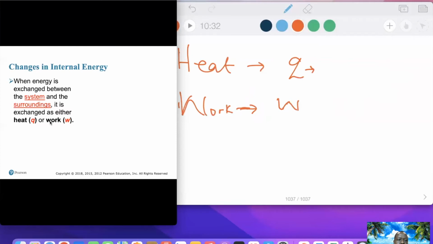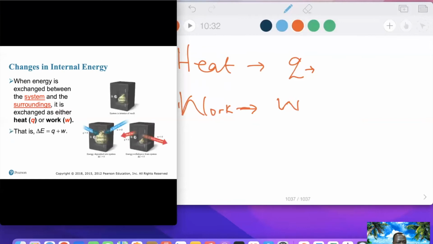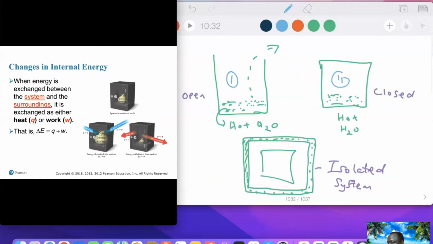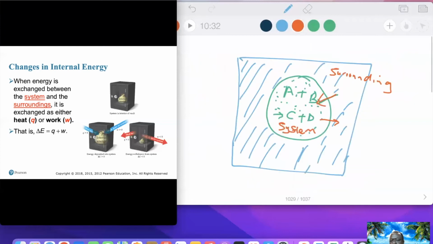What you need to understand is Q. Whenever we are looking at thermodynamics, thermochemistry, Q means heat. Either heat is given off or absorbed, or work is done by the system. I'm not going to go into details on this, but it's better to have this diagram here. Learn until you can reproduce.